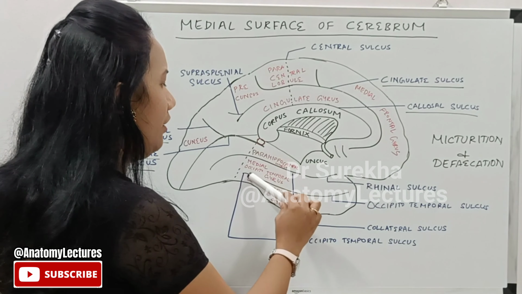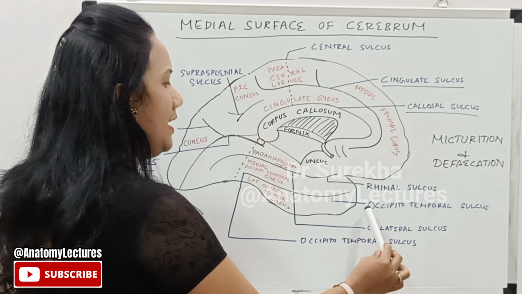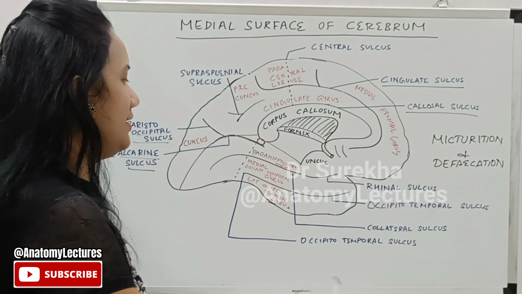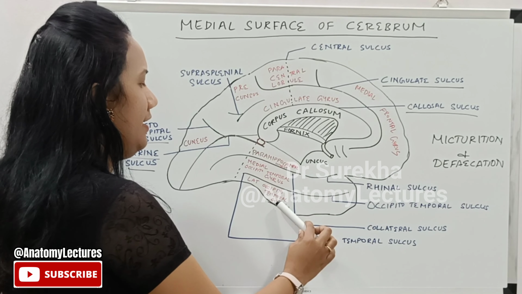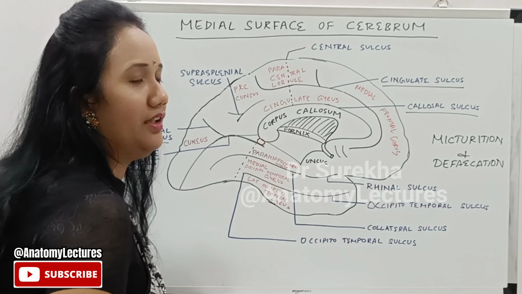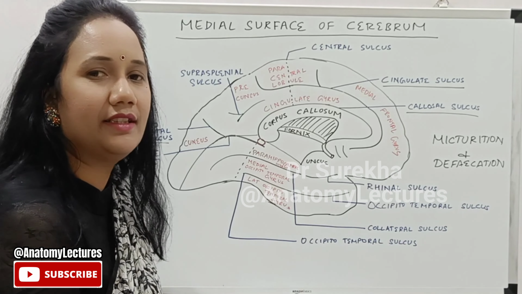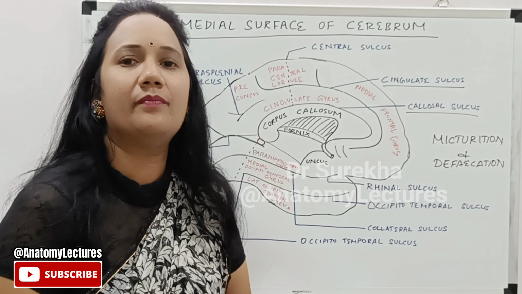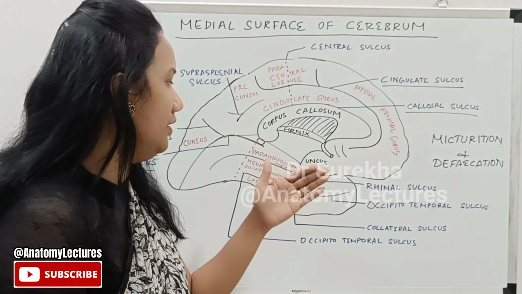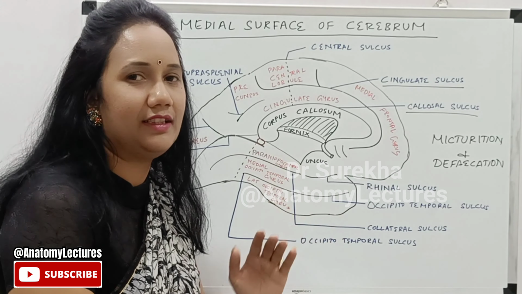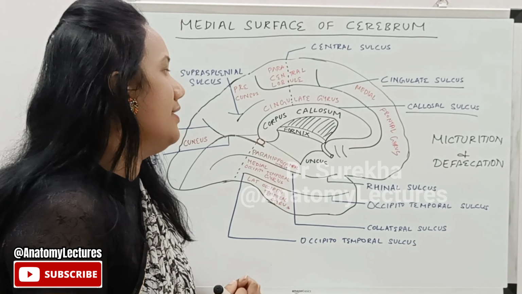The remaining part is separated by the occipito-temporal sulcus into medial and lateral occipito-temporal gyrus. This is present in the inferior aspect of the cerebral hemispheres, and we will discuss the inferior surface in detail later.